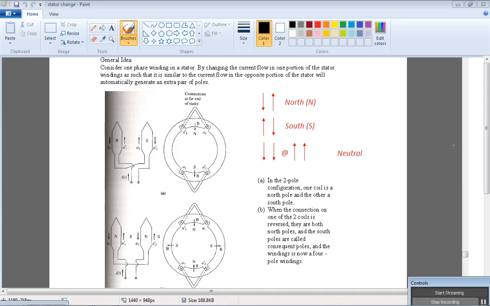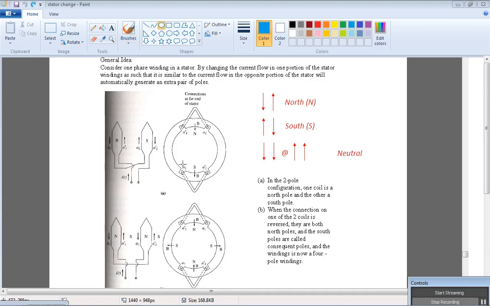Only with the same magnetic field direction will no pole be produced. So in figure A, in the two-pole configuration, one coil is a north pole and the other a south pole. You can see that only 2 poles are produced by this setup.